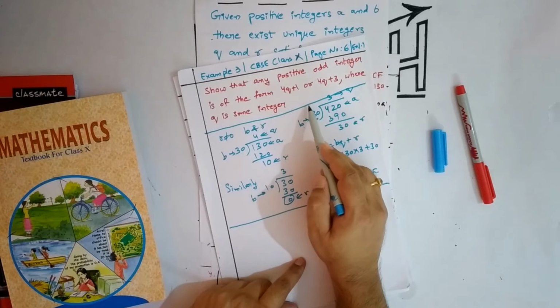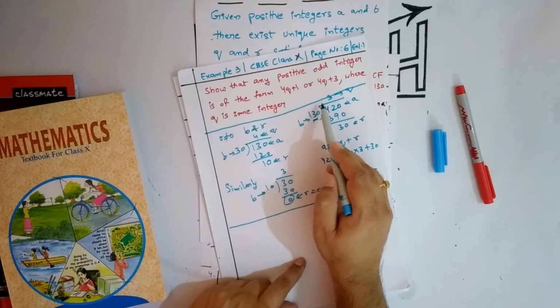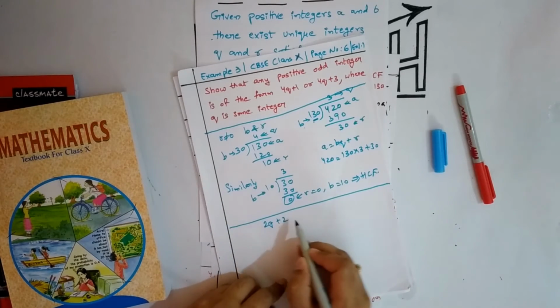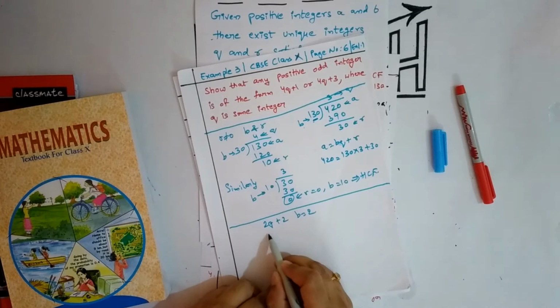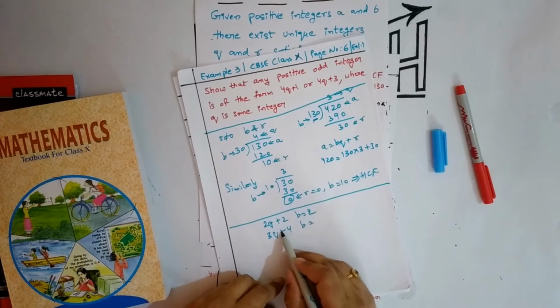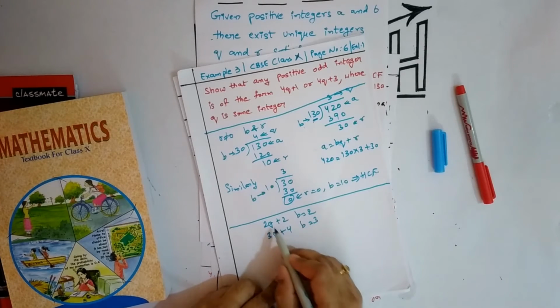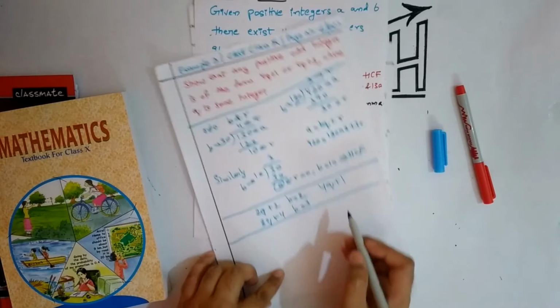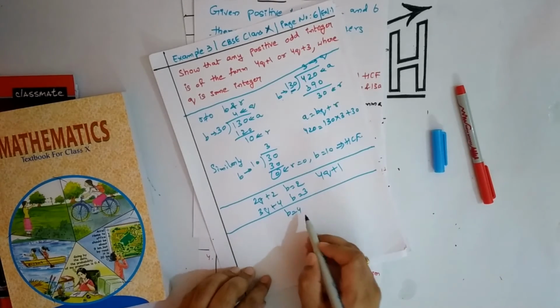When it is given as 3q plus 2 or 3q plus 3, we take b as 3. When it is given as 2q plus 2, then we take b equal to 2. When it is given as 3q plus 4, we take the value as 3. So here, because it is given as 4q plus 1, we take the value of b is equal to 4.